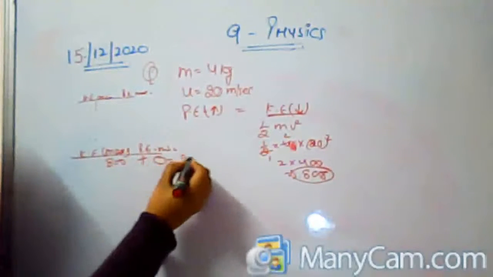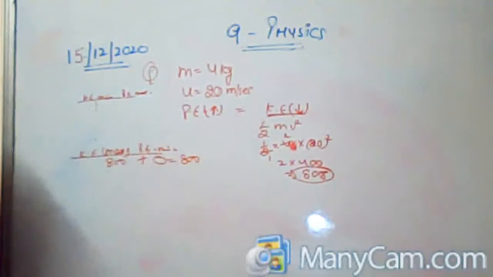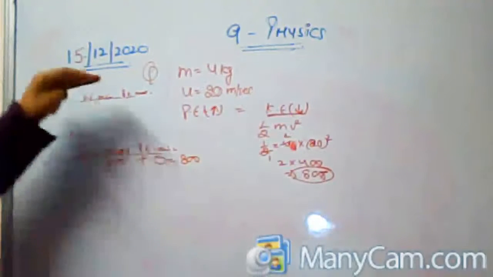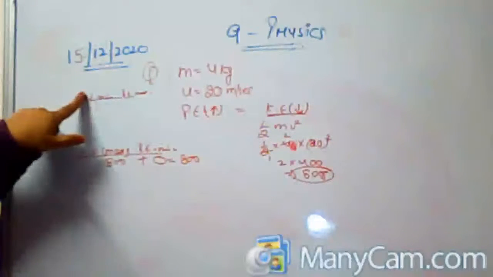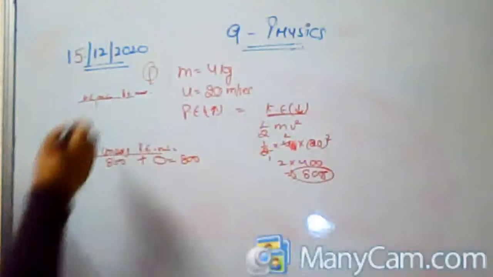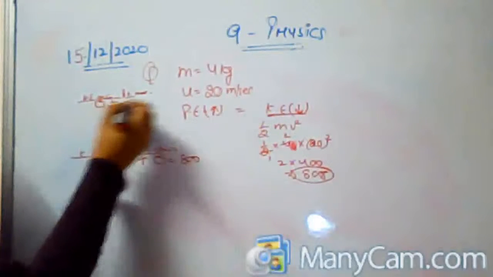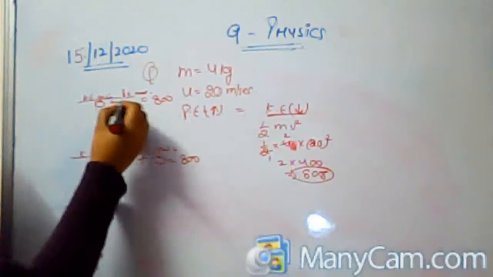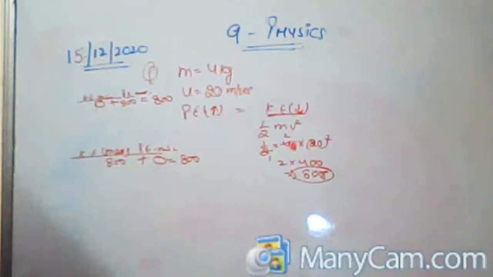So total कितना हो गया? 800. Top पे इसका उल्टा हो जाएगा, kinetic energy decrease कर जाएगी, so kinetic energy 0. Total हमें चाहिए 800, तो potential energy कितना होगा? 800. Got it?